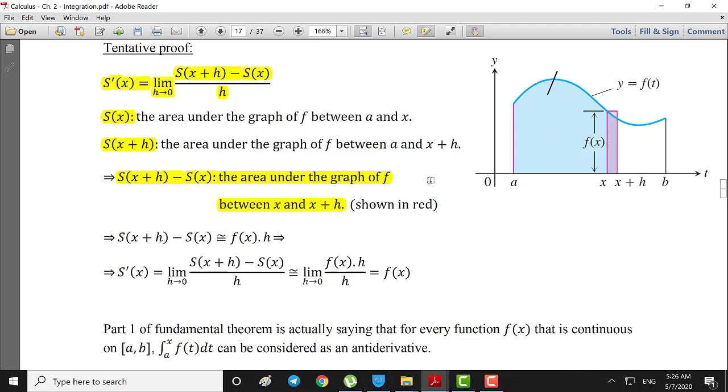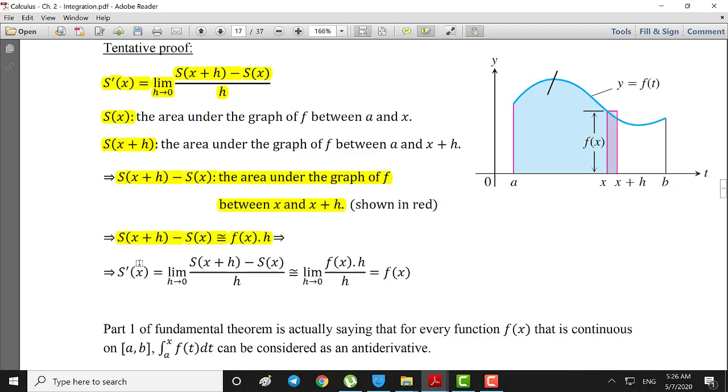So we can say that this difference in the s is approximately equal to f of x, which is the length of this rectangle in red, times h, which is the width of this rectangle in red. So we can say s of x plus h minus s of x is approximately equal to f of x times h.